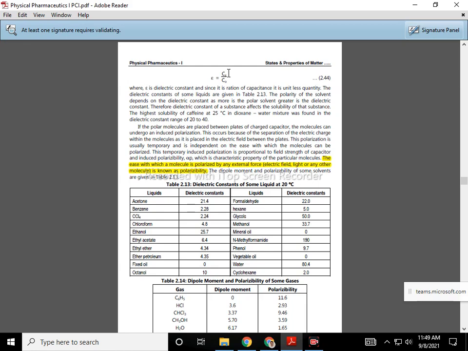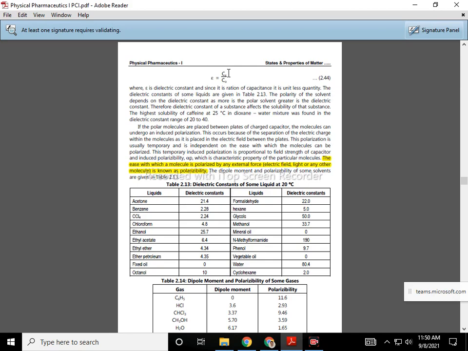Cx is equal to Q upon V. In this manner we got the Cx. Now remove the water. Keep the vacuum over there. Now switch on the source of light, the source of battery.